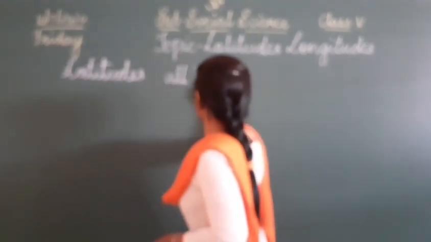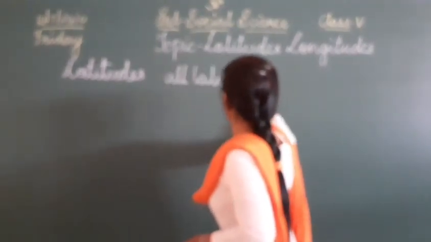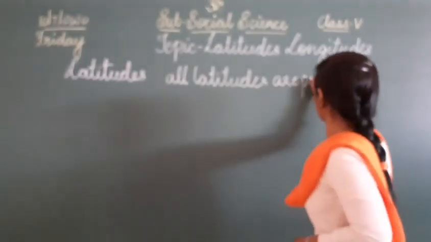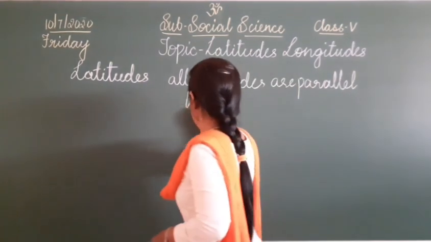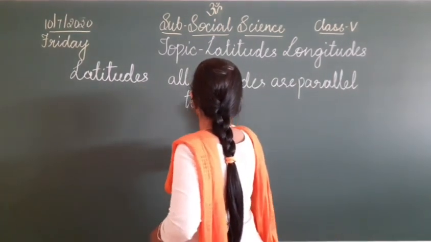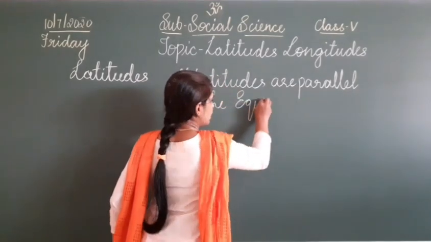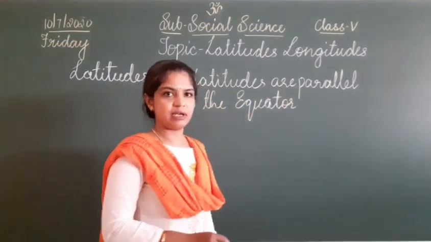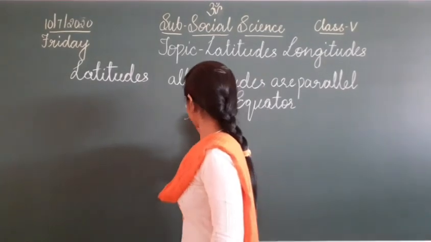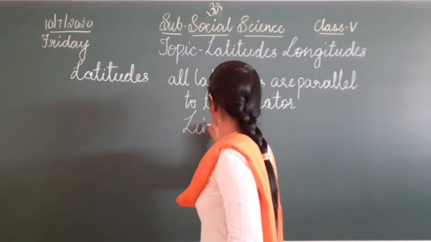All latitudes are parallel to the equator, hence they are called lines of parallels.